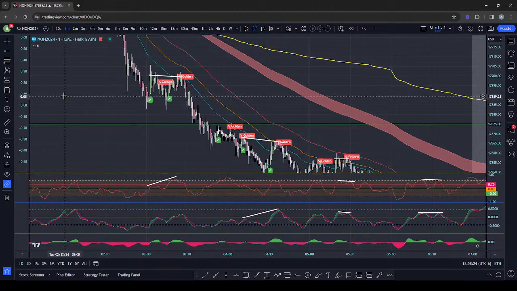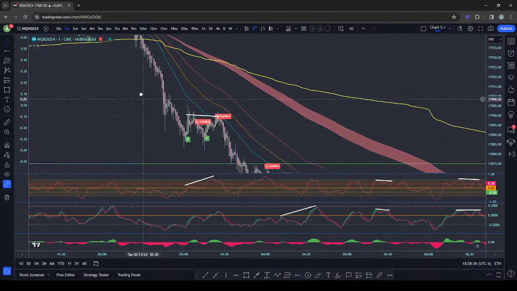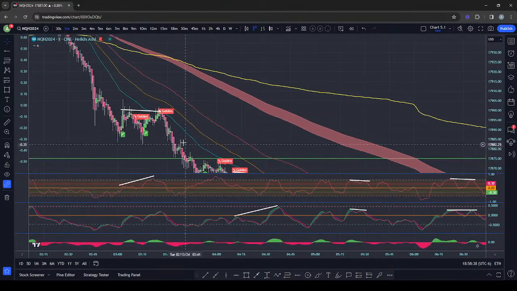Okay, so London session opens here at 2 a.m. Central Standard Time, but you can see that's just way up here, so we're going to start down here. Okay, so you can see my EMAs right here, and these are also part of the Trading Oracle indicator here.